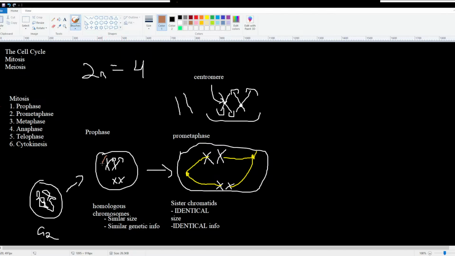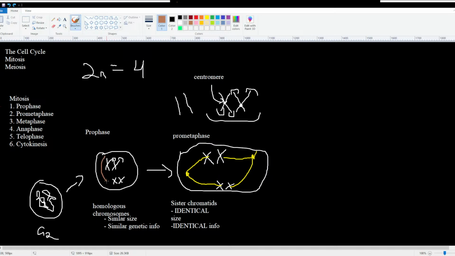During prophase, you still have this nuclear envelope in the cell, and then during prometaphase, it actually dissolves. It's no longer there. But like I said, it's not really a detail that you need to know. So I'm not really going to include it. But anyway, during prometaphase, the nuclear envelope has dissolved.